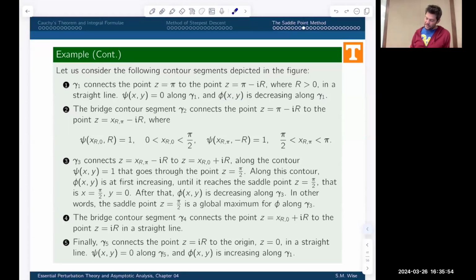The bridge contour is going to connect the point z equals pi minus i times r to the point z equals xr pi minus ir. I don't know exactly what this point is analytically, but I know that it has to satisfy, whenever I put in minus r for the value of y, that psi is going to be equal to 1.